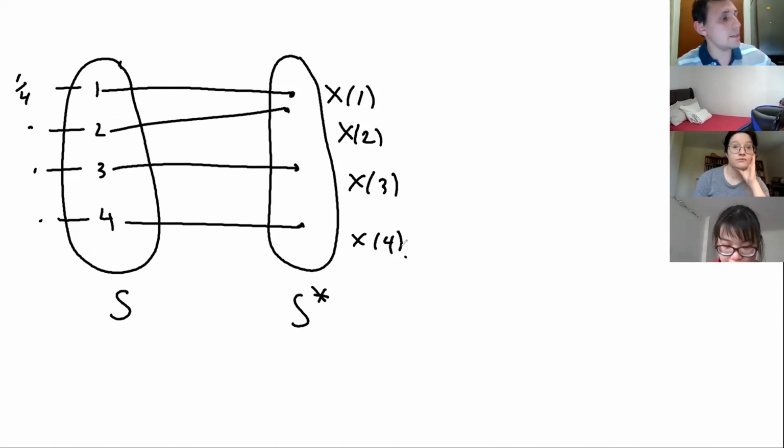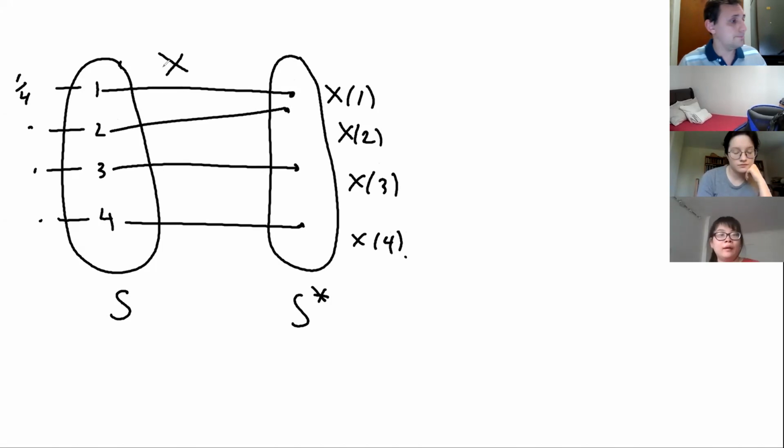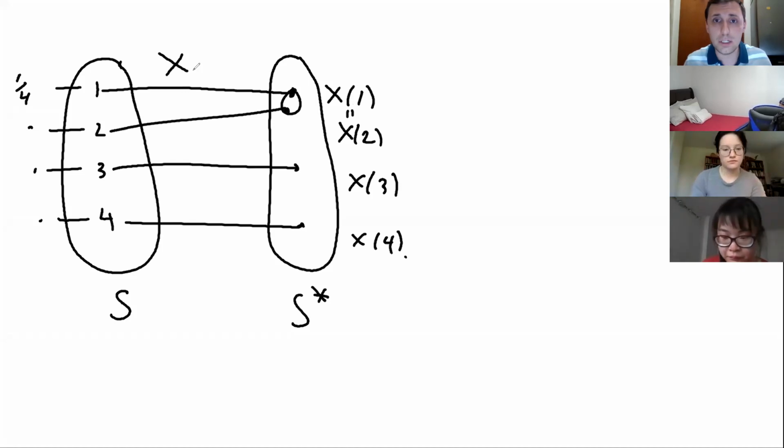So this x is a random variable, right? Let's say 2 and 1 were mapped to the same event, so x1 is the same as x2. That's the identification that just happened here.